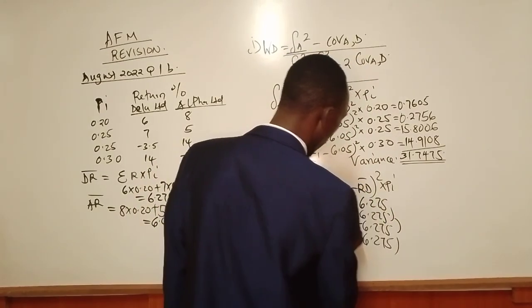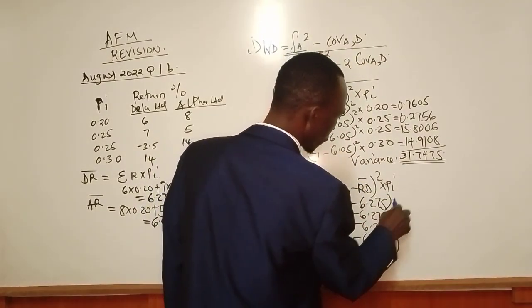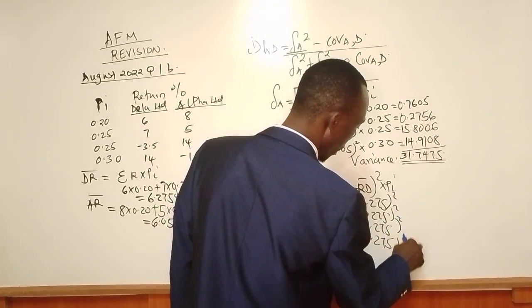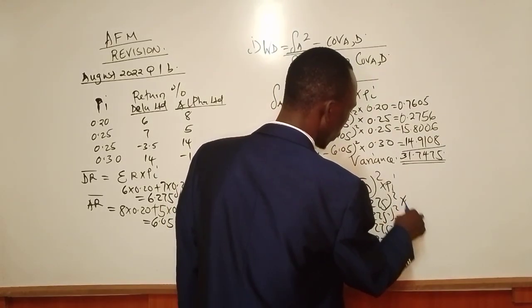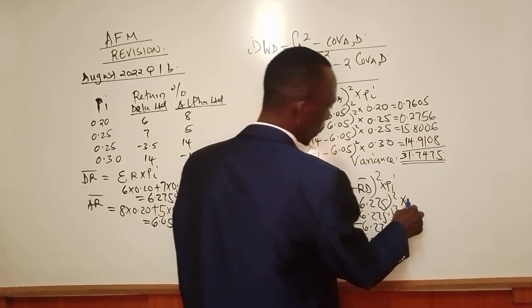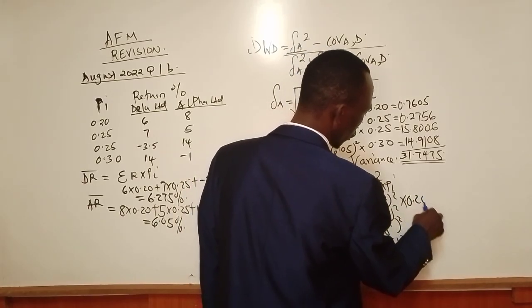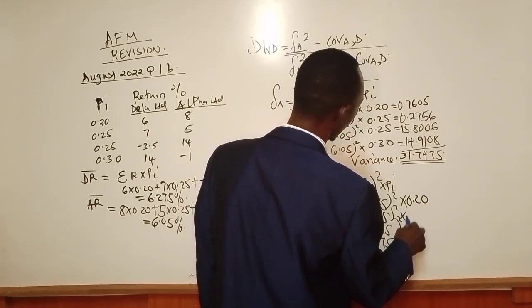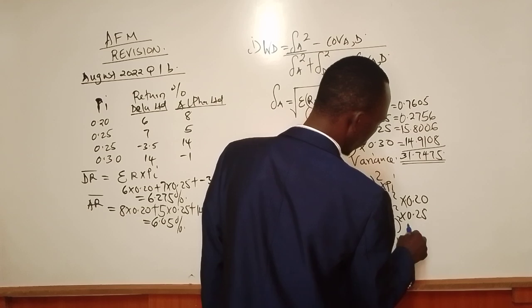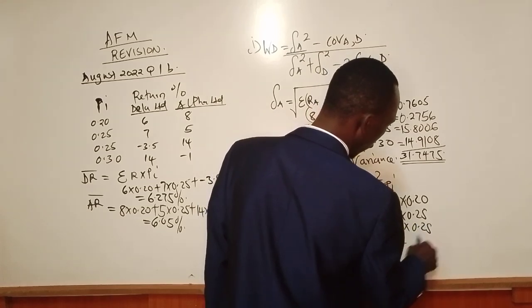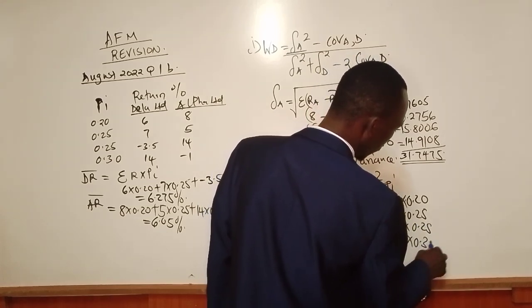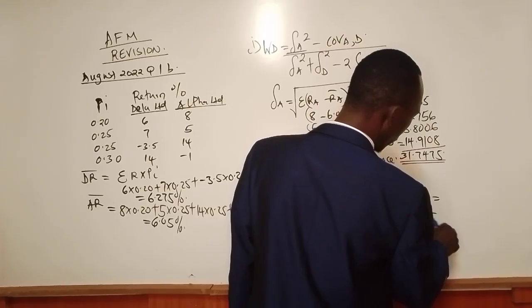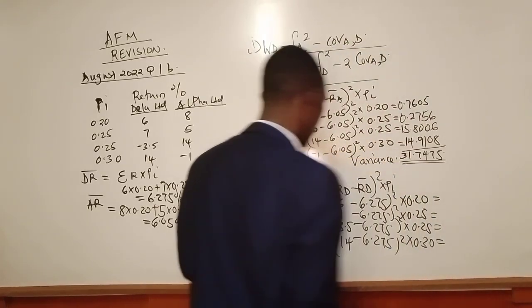This is what we have. Then we square. Then we multiply by the probability, 0.20. Then here you multiply by 0.25, 0.25 and 0.30. So how much are we gonna get in this case?